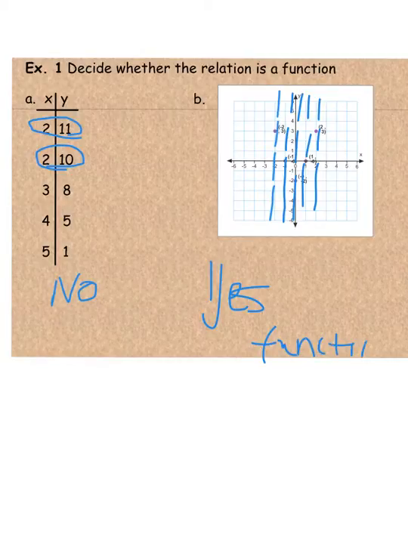It passes the vertical line test because I'm only hitting one point each time I draw a vertical line. If I were to add another point here, then that would not be a function because it would not pass the vertical line test.